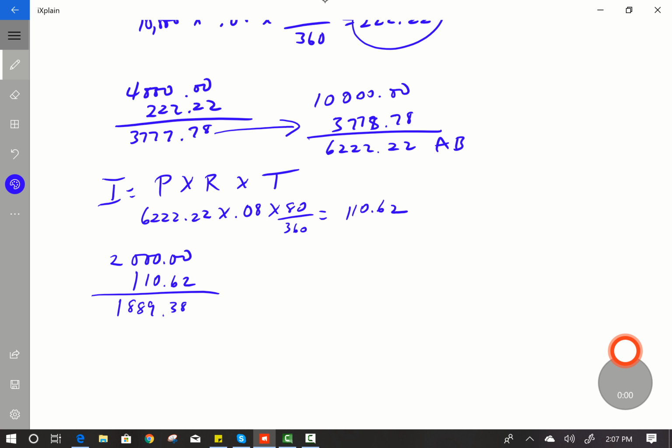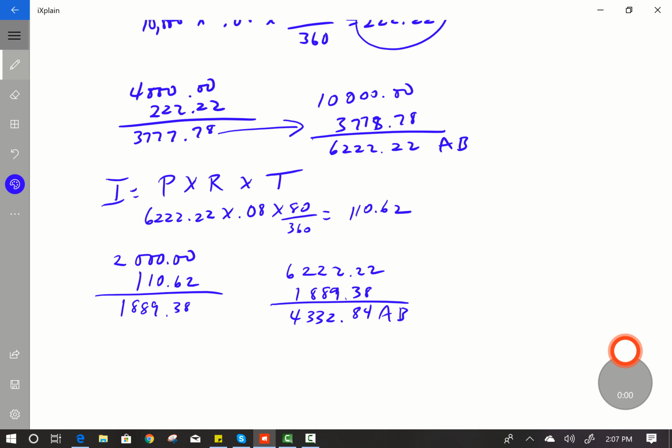To find out how much is owed, I'm going to subtract $1,889.38 from the previous balance of $6,222.22. And that will give us our new adjusted balance of $4,332.84. So this is our new adjusted balance.